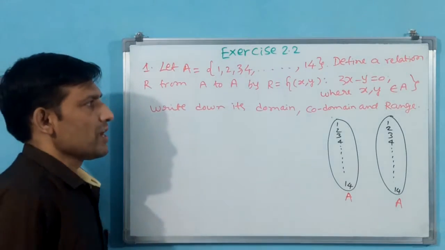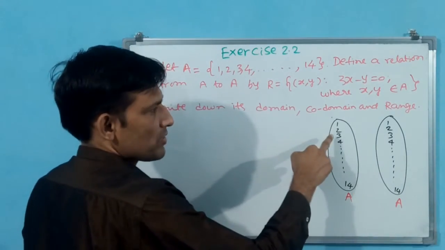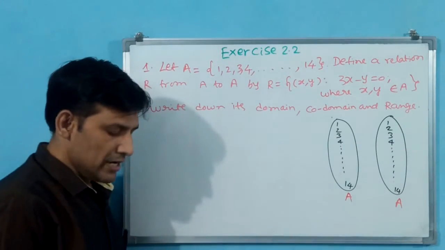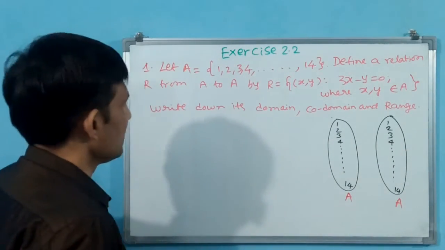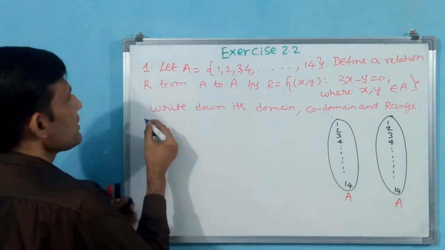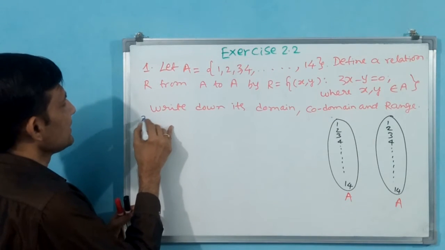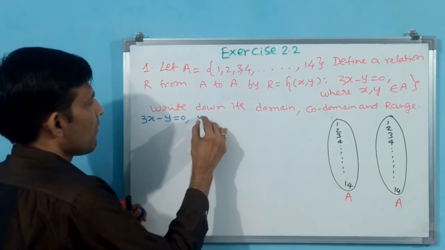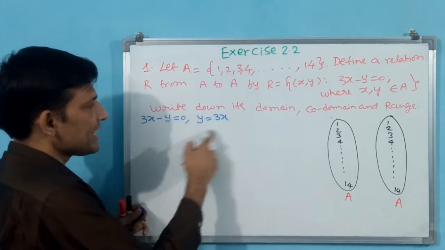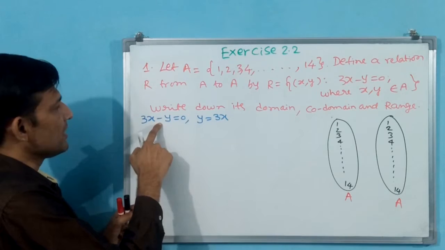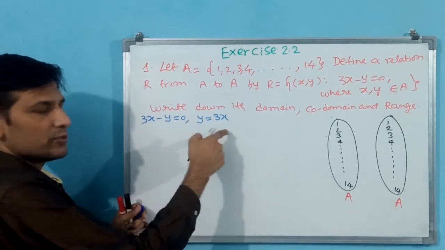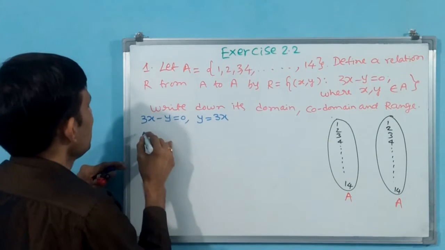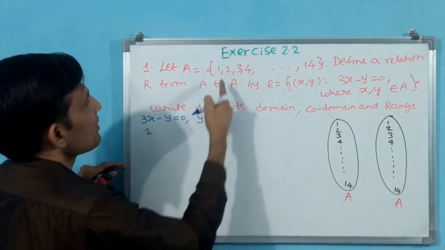That means x you take starting from 1, and whatever result y comes to, that element you make the relation with. Let me write 3x minus y is equal to 0, so y is equal to 3x. Now first I take 1.